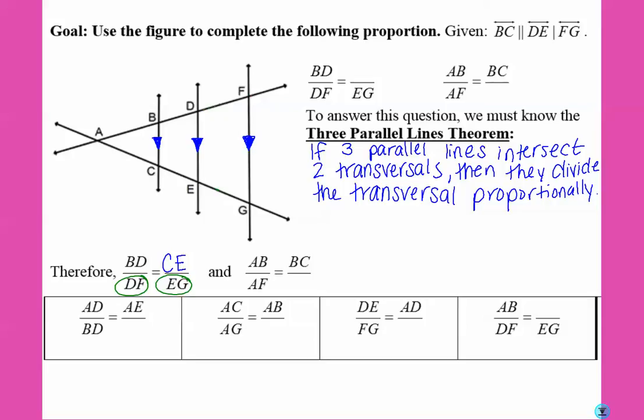What about AB, right there, over AF, so this really long piece, from A to F, then BC.